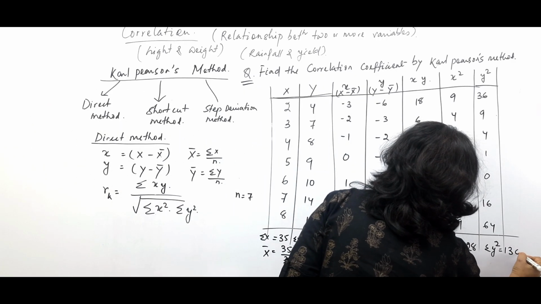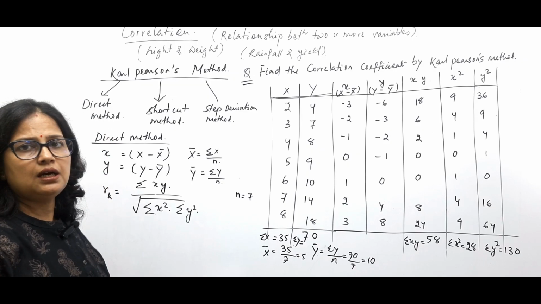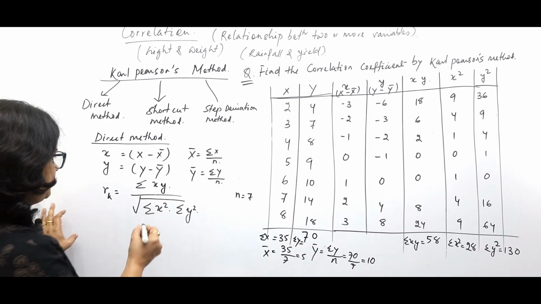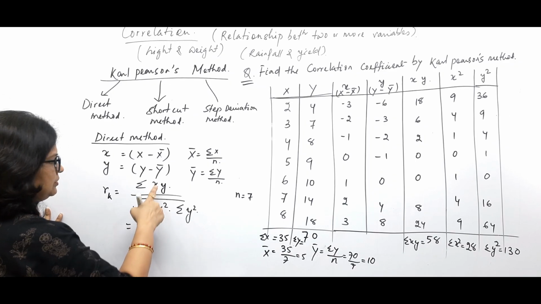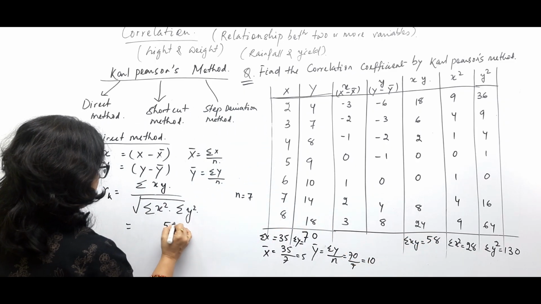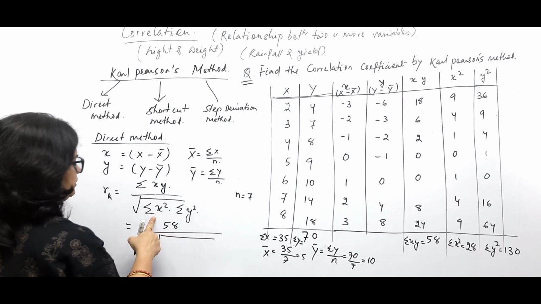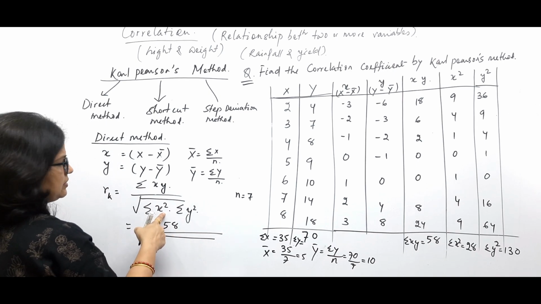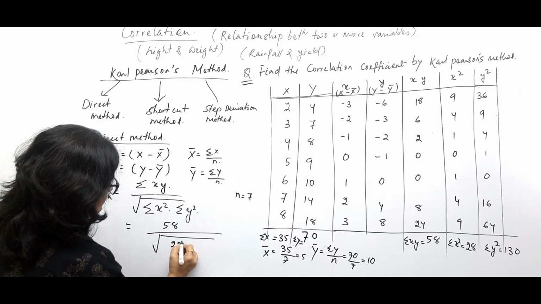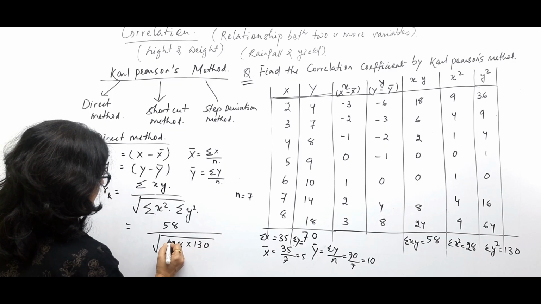Now put all the values into our formula for the correlation coefficient. Sigma of xy we know is 58. 58 divided by root of sigma x square, which is 28, into 130.